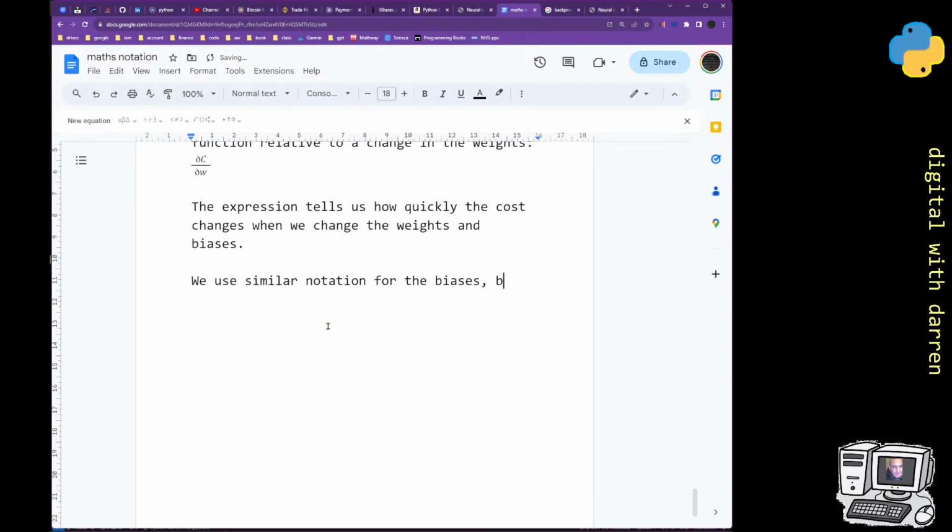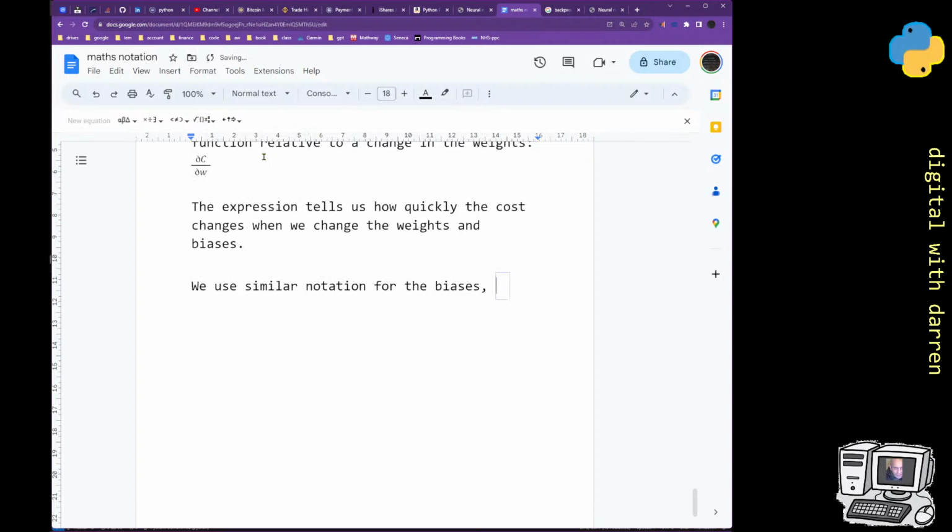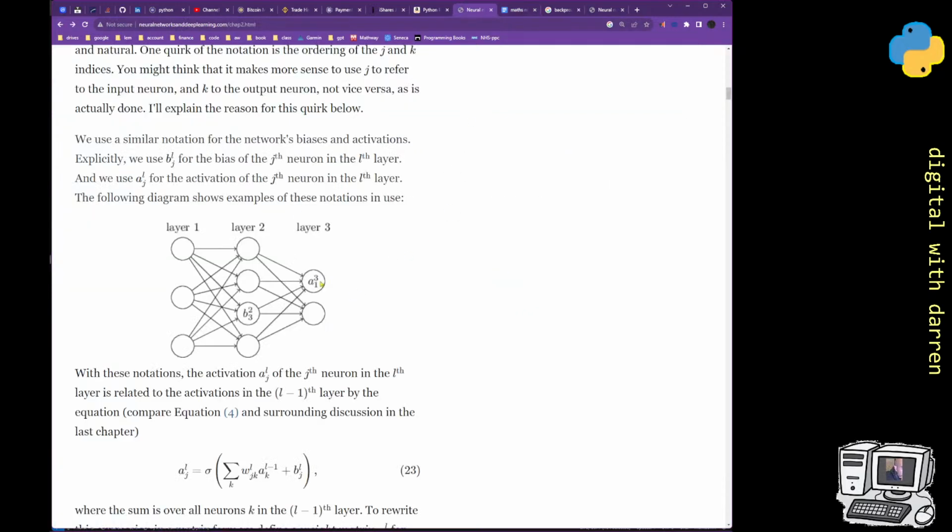And in fact, I'll put the biases there, and then I'm going to do a new equation, because it's going to be this thing again, which is B, and then what was it over there? J and L, I believe it was over there. Let's stick with the same notation. Yeah, B, J, and L.